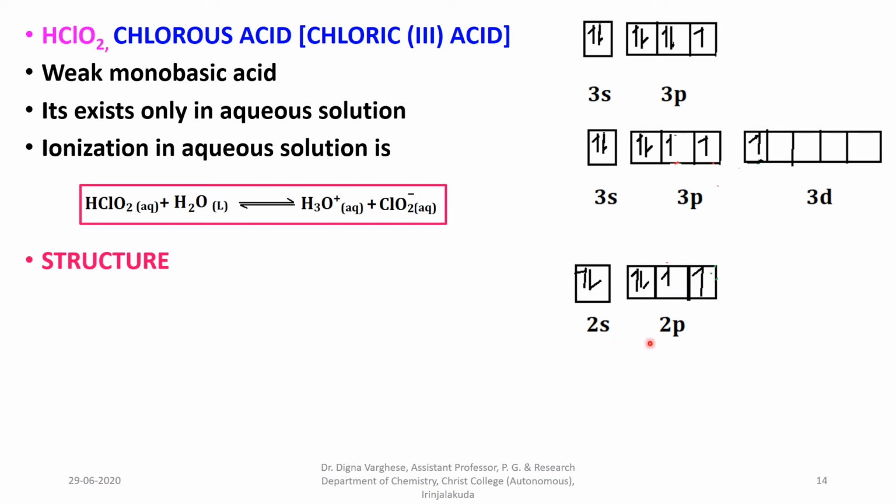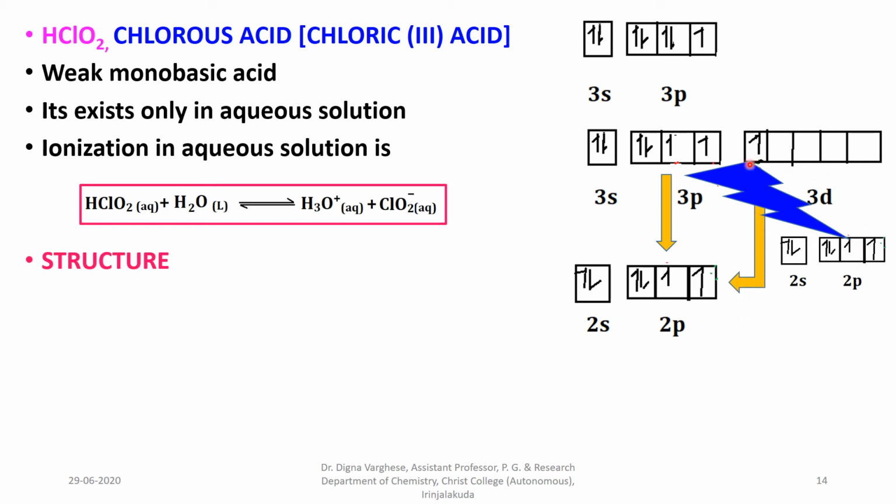The chlorine atom is connected to two oxygen atoms, and one sp3 hybrid orbital forms a sigma bond with a p orbital of oxygen, and the other sp3 hybrid orbital of chlorine atom to another p orbital of oxygen atom, forming another sigma bond, and there is one pi bond between chlorine and oxygen, that is by the 3d orbital of chlorine atom and the 2p orbital of oxygen atom, forming a d pi p pi bond.